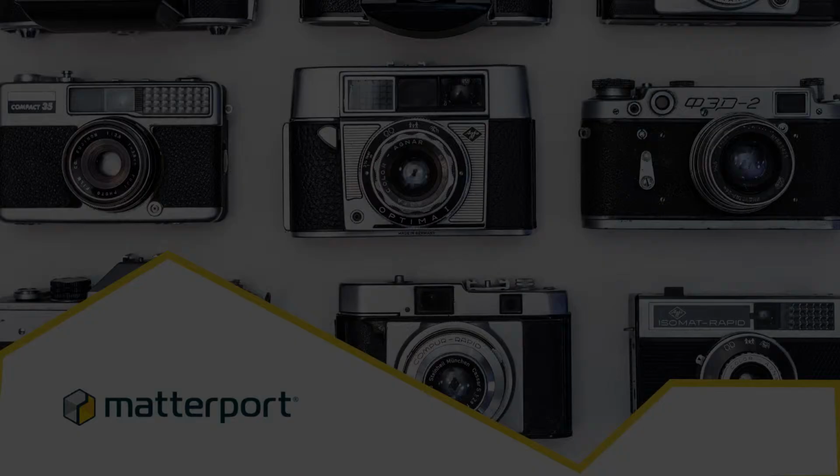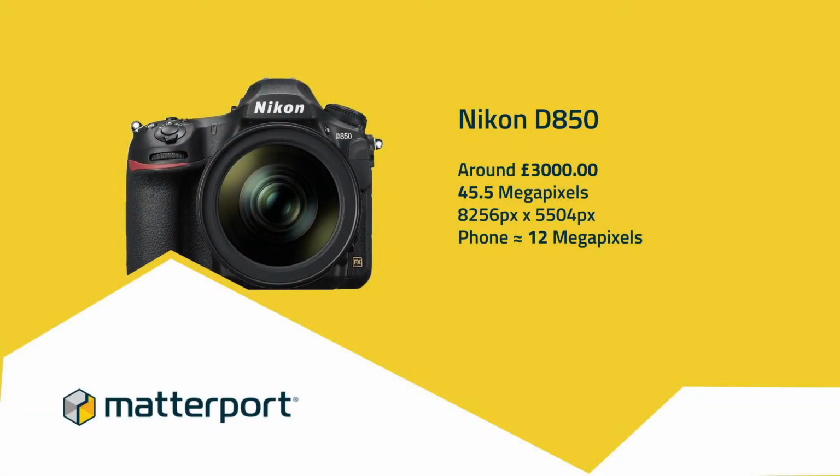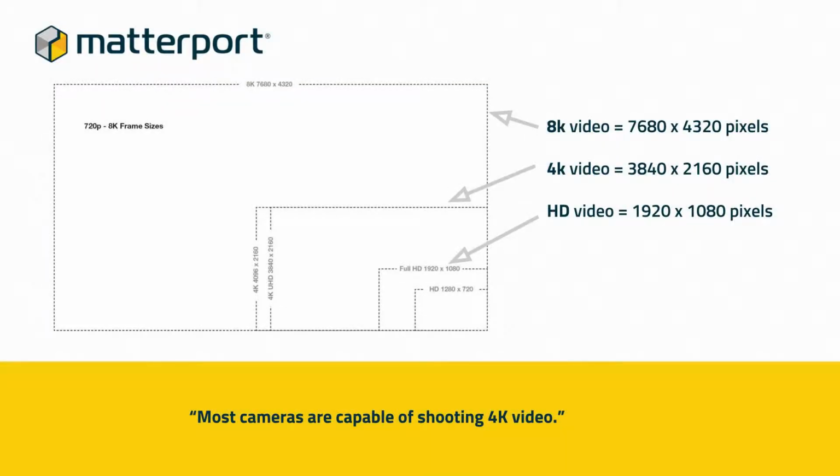If we look at the quality of photographic equipment, we now have access to a full-frame Nikon, the D850, at 45.4 megapixels. That's a huge amount of detail in each photograph. And you can buy this for approximately £3,000, with other more expensive professional level cameras having their own unique offerings depending on the requirements of the photographer. Most prosumer and professional level cameras also now have 4K video recording capability.